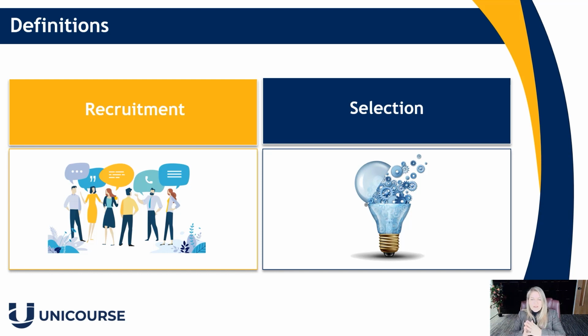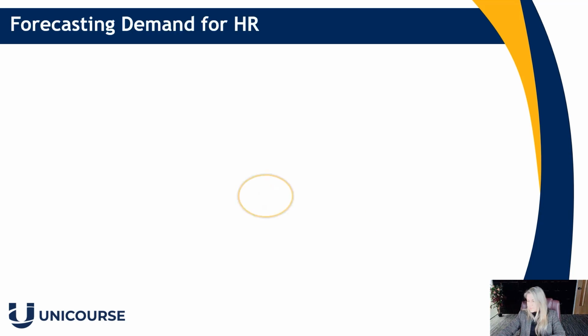I want you to bear that in mind throughout the rest of this session today. If you're going to be recruiting internally or externally, think about that, and think about the different approaches to selection as well and how they're done in your workplace. And as we're talking about different approaches, could they be done better? Could they be done differently? And if so, how and why?